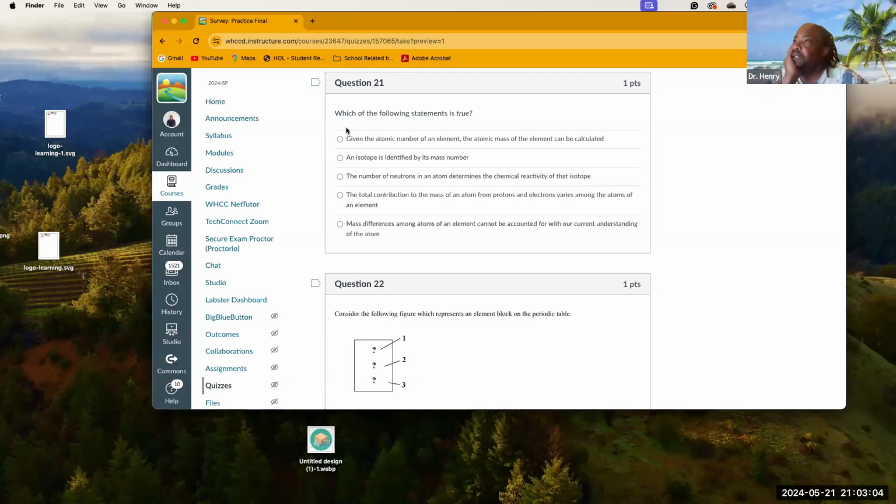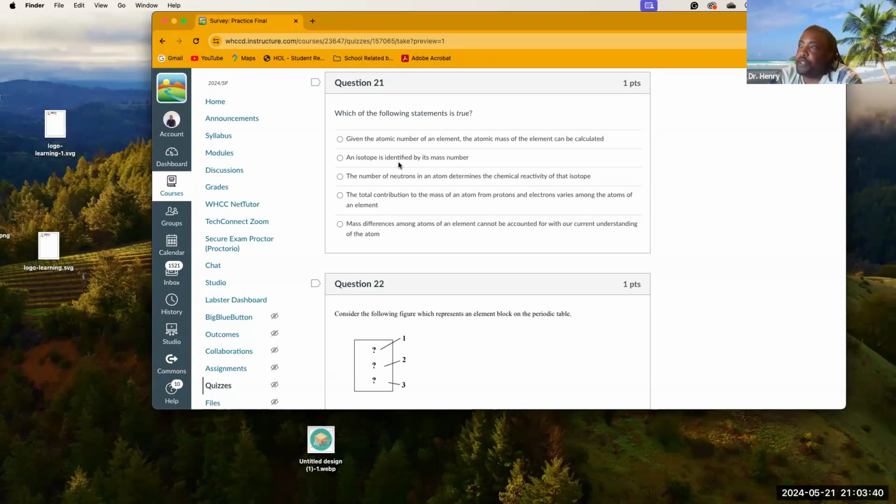Which of the following statements is true? A, given the atomic number of an element, the atomic mass of the element can be calculated. B, an isotope is identified by its mass number. C, the number of neutrons in an atom determines the chemical reactivity of the isotope.